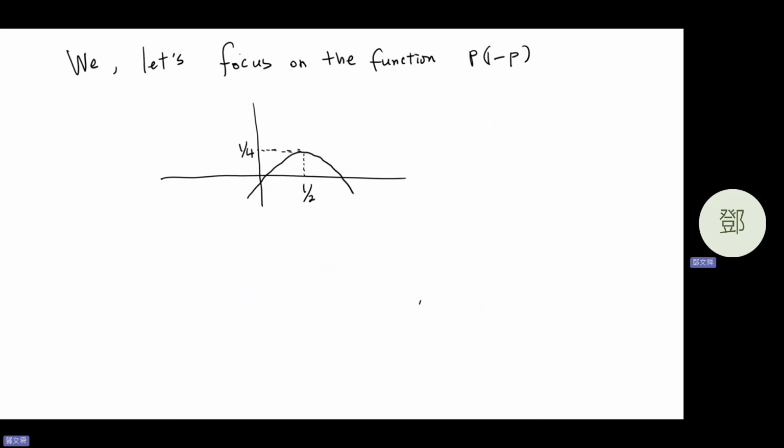This is G of p. G has a global maximum at 1 over 2, and the maximum value is 1 over 4.